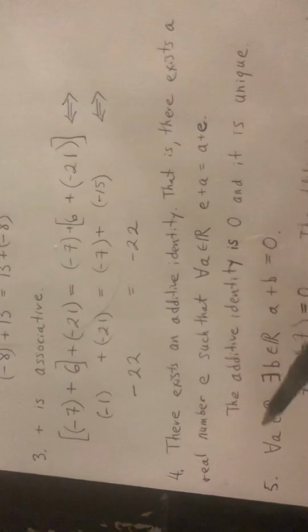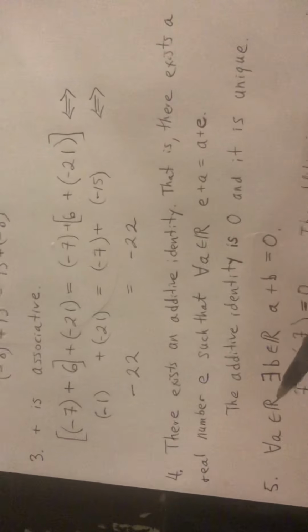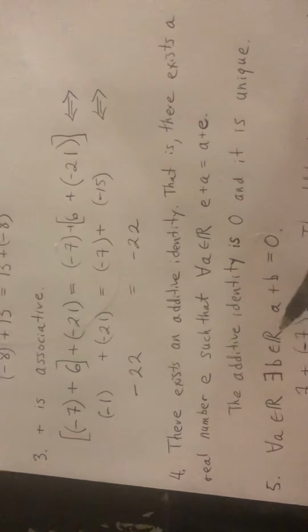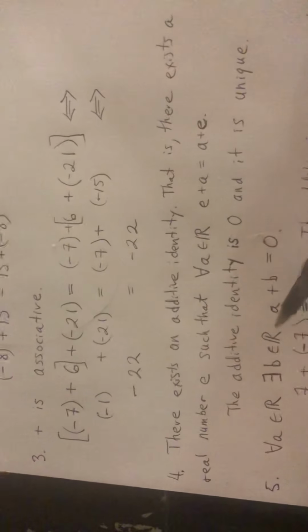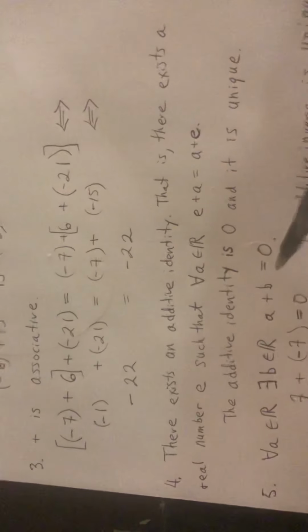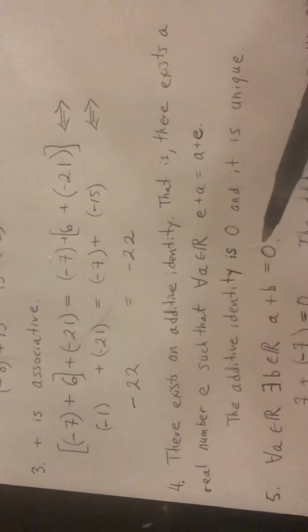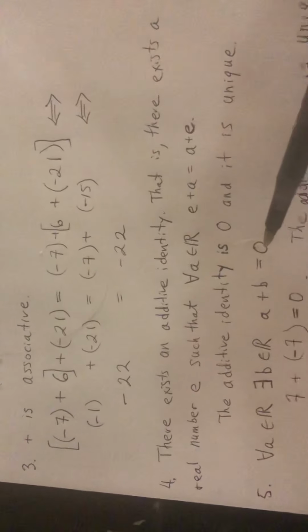All right, 5. For all a in the reals, there exists b in the reals. This backwards e means there exists, such that a plus b equals 0. So what we're establishing here is called the additive inverse. Basically, we can get to our additive identity.